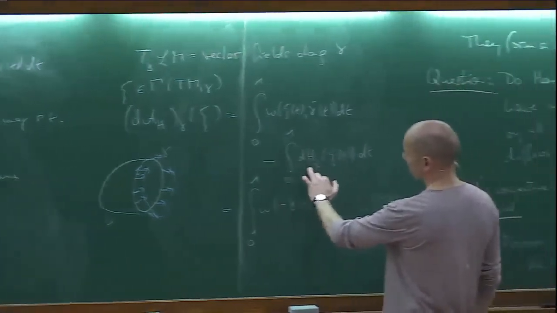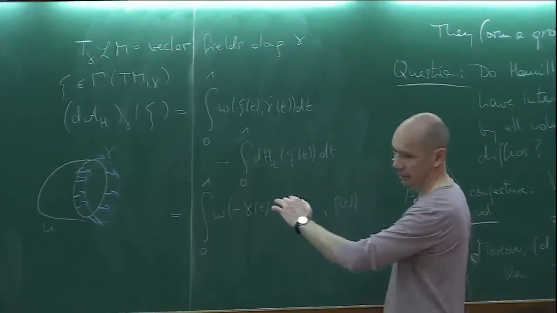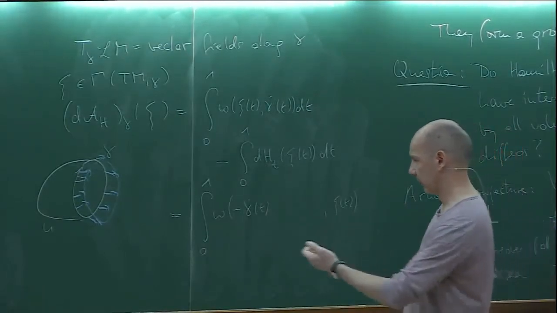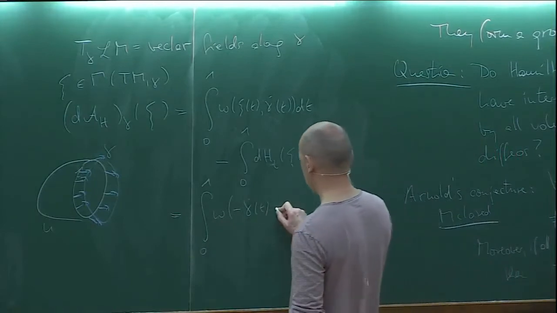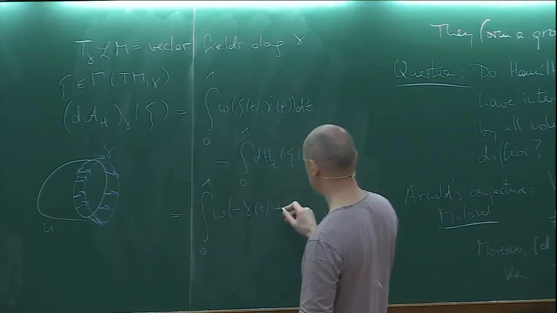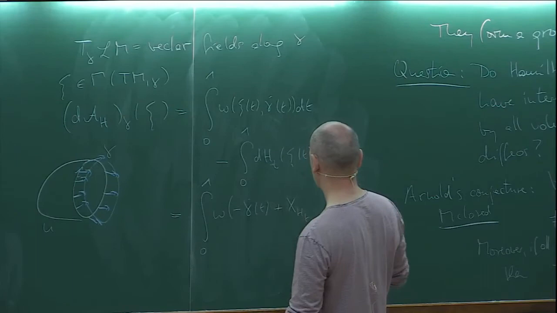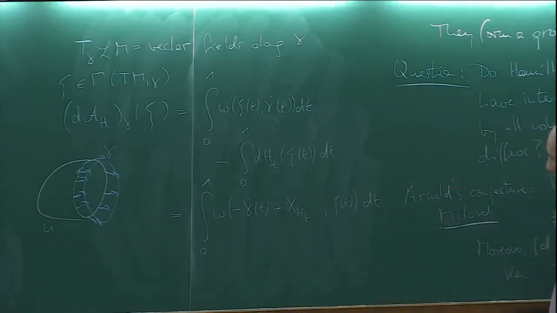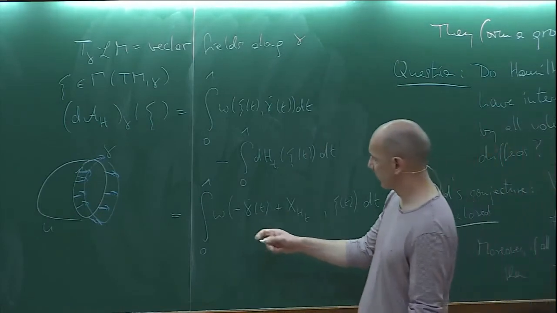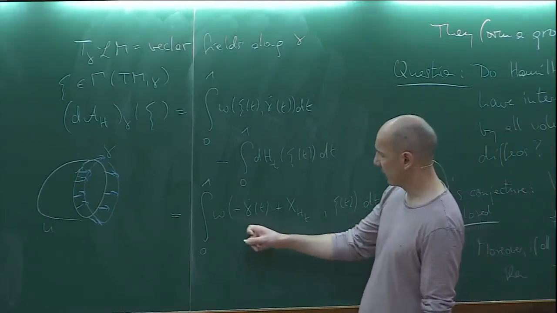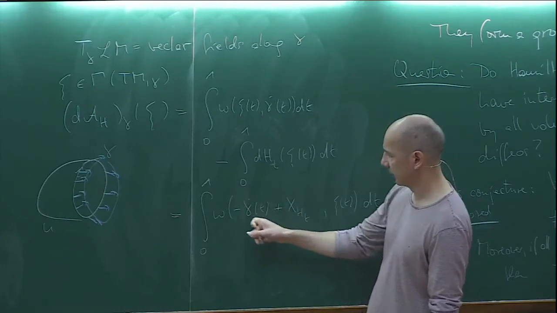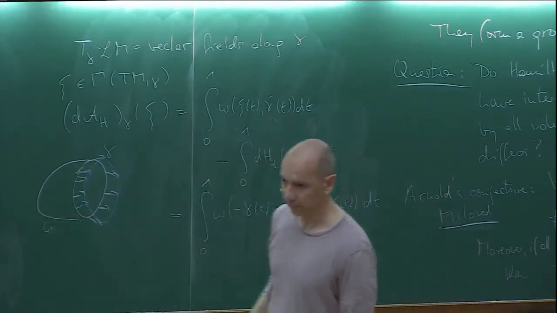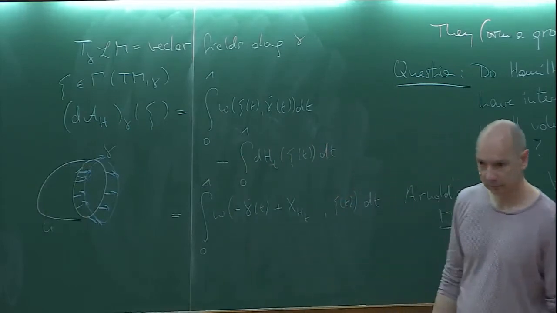Remember that minus dH was just the omega inner product with X_H, so this term I can write as omega of X_{H_t} and C(t), and then I integrate that. So if this is supposed to be 0 for all C, that means that this thing has to be 0, which means exactly that gamma has to be a solution of my equation that I had over there: gamma dot should be equal to X_H.